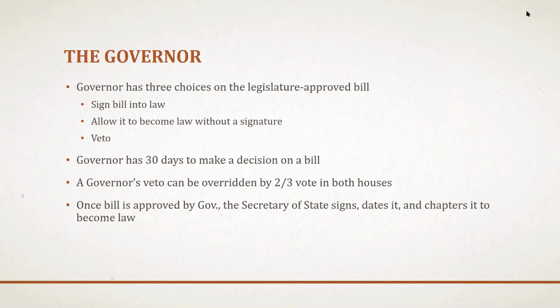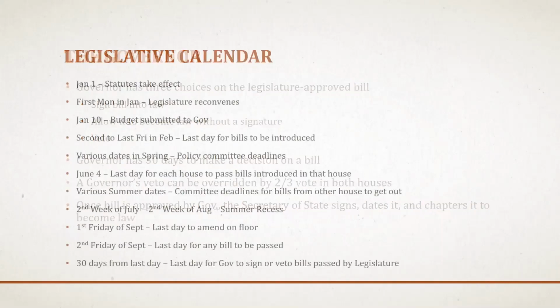On a rare occasion, a governor's veto can be overridden by a 2/3 vote in both the Assembly and the Senate. I haven't seen one in a while, but it does happen. After it gets signed, the Secretary of State has to officially sign it, date it, and it becomes law.